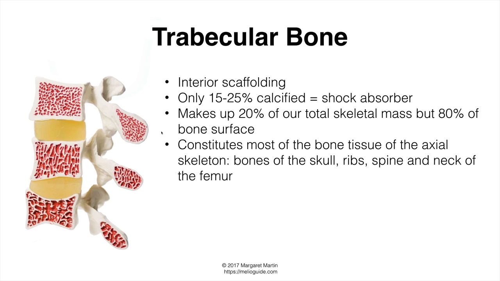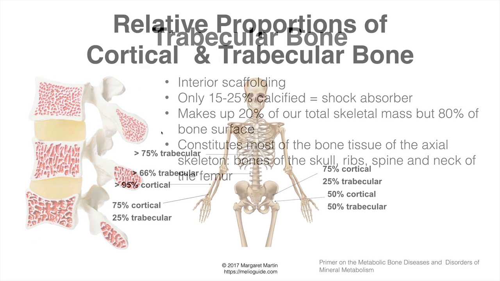So it constitutes most of the bone of our axial skeleton. And that's the bones of our skull, our ribs, the spine, and the neck of the femur, which was the part between the shaft and the head that I pointed out earlier.